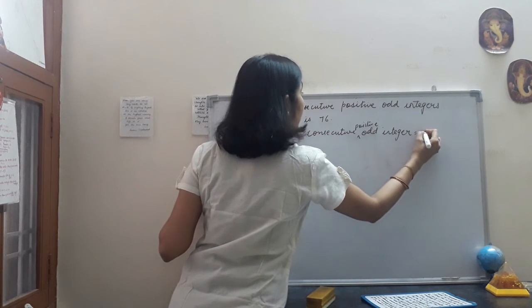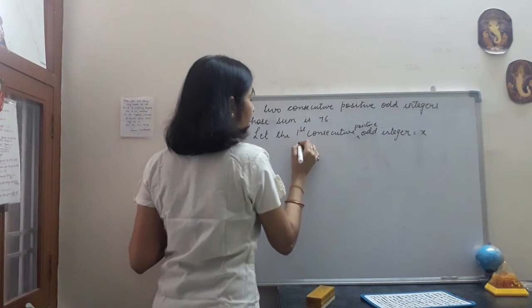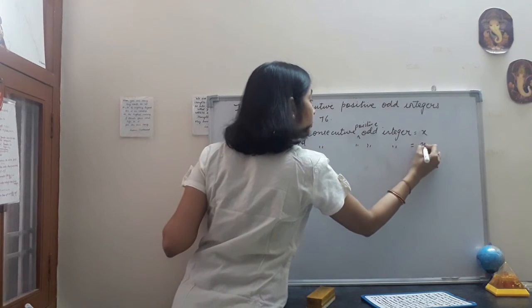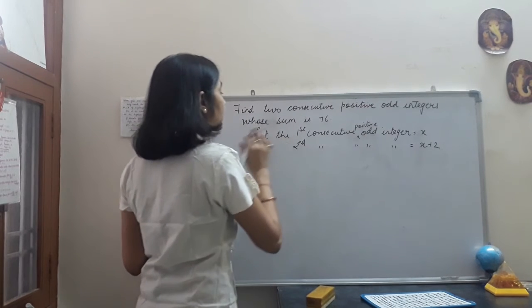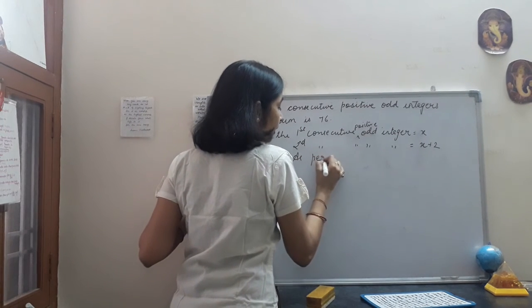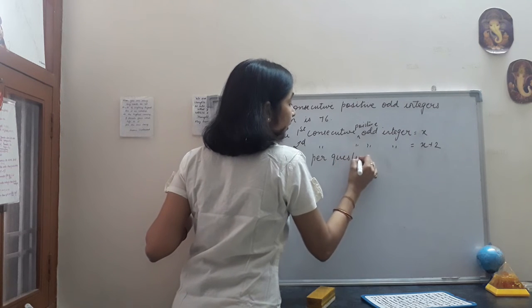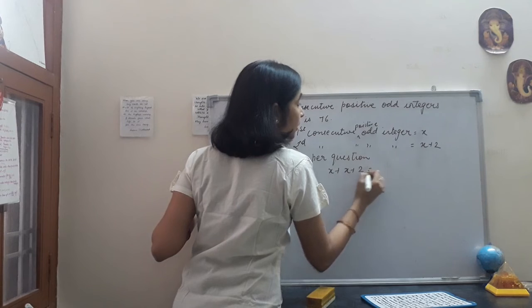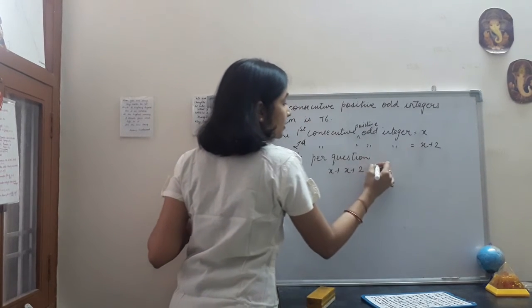Therefore the second consecutive positive odd integer is equal to x plus 2. Now what is given? Whose sum is 76. So as per the question we have x plus x plus 2 is equal to 76.